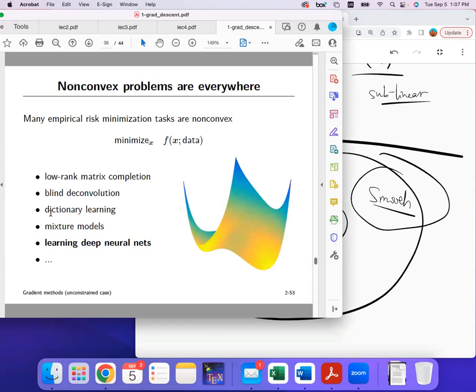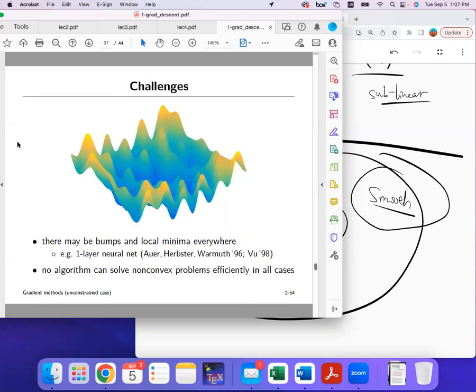And non-convex problems are everywhere in practice, especially in machine learning and many other signal processing problems. For example, the famous deep neural networks are highly non-convex in the high-dimensional space. So for these problems, they are not even convex. And the landscape of a non-convex function may look like this.